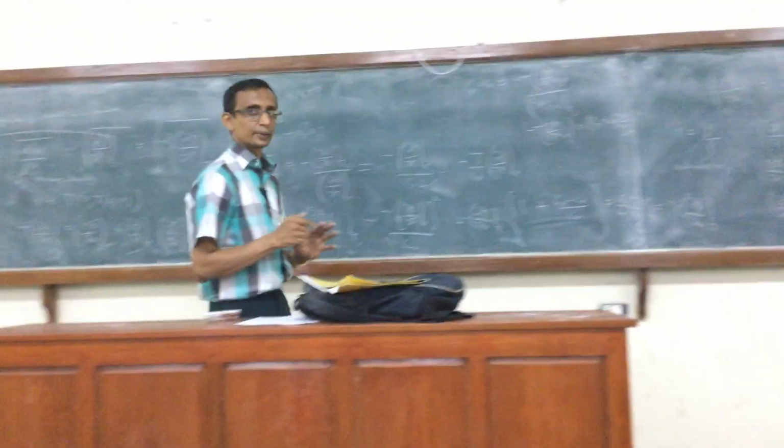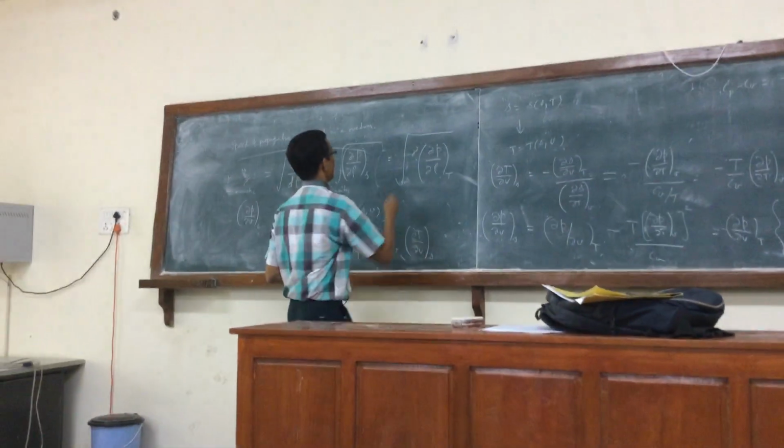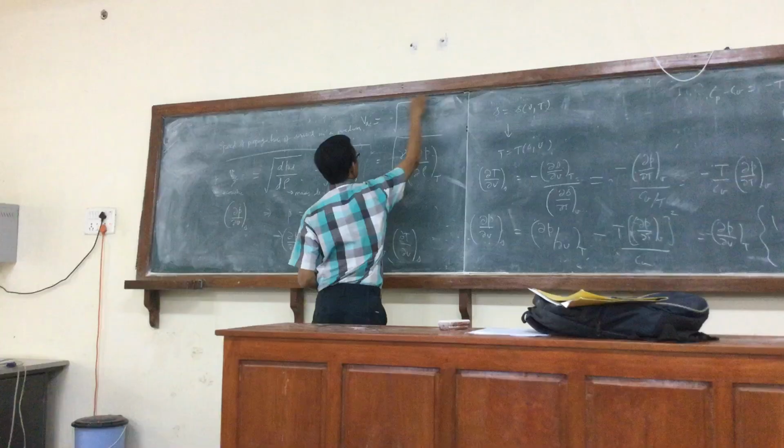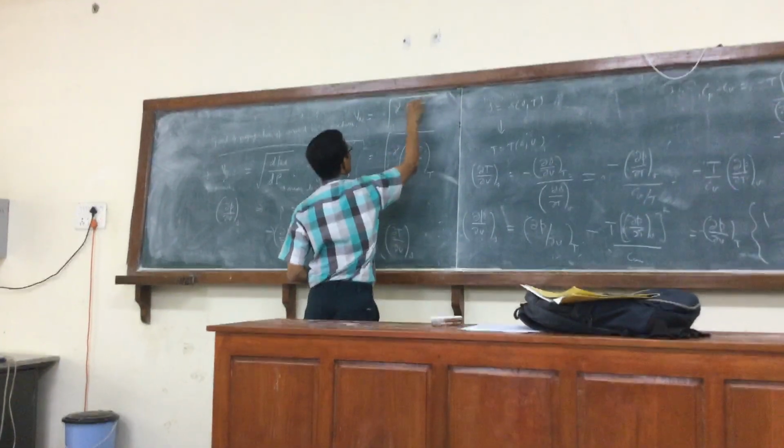This is what Laplace derived. So what we get is that the speed of propagation of sound is simply given by the square root of gamma RT by M.